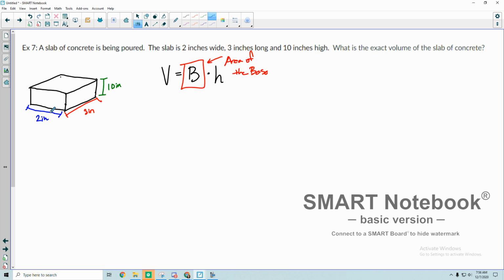And since I know my base is a rectangle, it looks like, because it's 2 by 3, then I'm just going to be using this formula, which is length times width times height. I just take all three numbers and multiply those together. Okay, so 2 times 3 times 10 gives me 60. Done. So 60 inches cubed, that is the amount of concrete that is going to go inside of this slab.